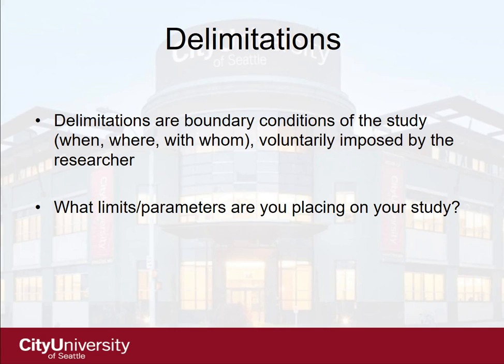I'm limiting my study to fourth grade teachers. I'm only looking at this one specific school, and I'm not looking at the entire district. I'm only looking at this one area, this department of the business, and not the entire business. Okay, I'm only looking at left-handed leaders and not right-handed leaders. So you get the idea.